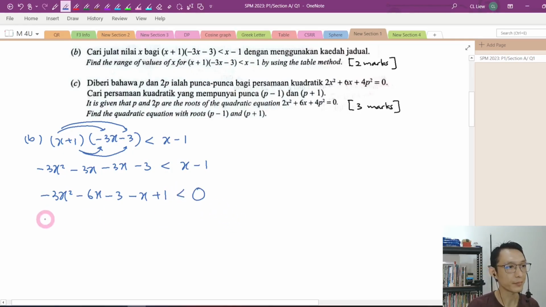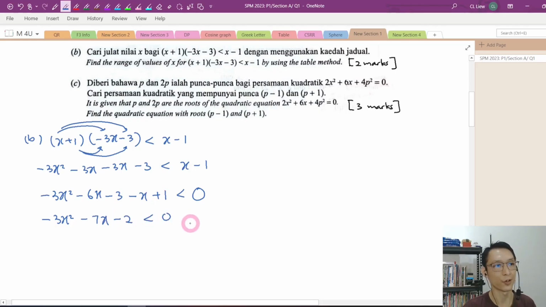Okay. Negative 3x squared minus 7x minus 2 is less than 0. So here I'm going to multiply this inequality by negative 1 because I want to make it become positive here, so easier for me to do the factorization. If you don't want to do so, it's okay.